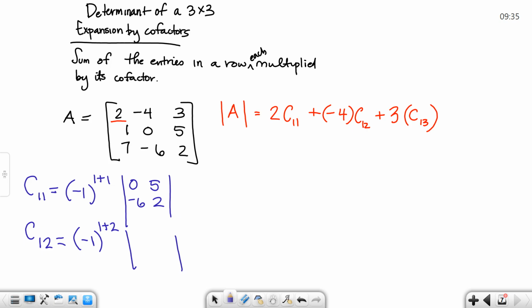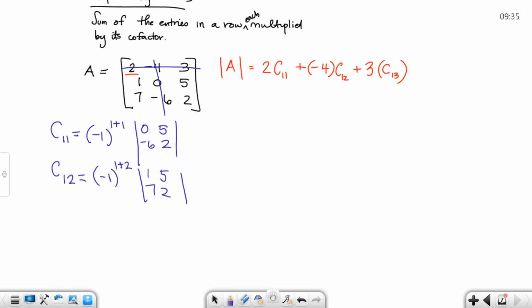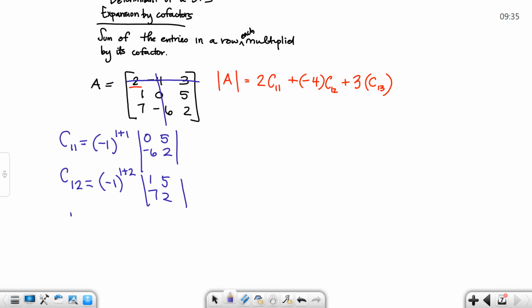So the second one, we go boop, boop. Sometimes I'll just mark them that way. 1, 5, 7, 2. Row 1, column 3.